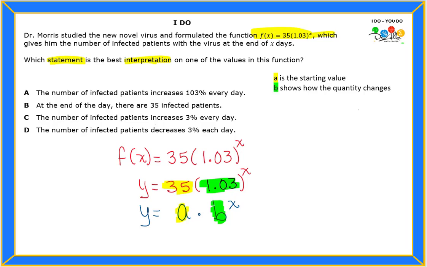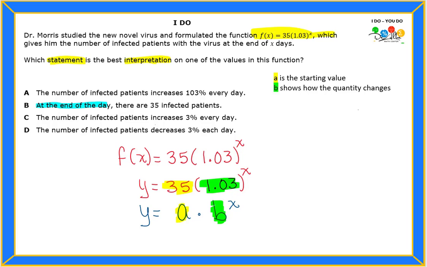So I'm going to look through the answer choices. I'm going to look at letter B because I do see a 35 in there. Since I know 35 is my starting value, let's read letter B. Letter B says, at the end of the day, there are 35 infected patients. Now, this one says at the end of the day. Can that be true?